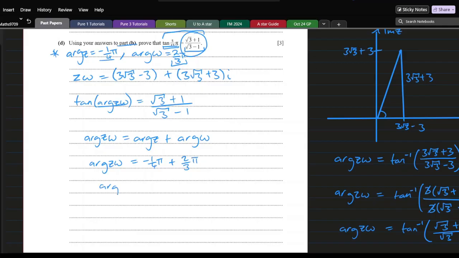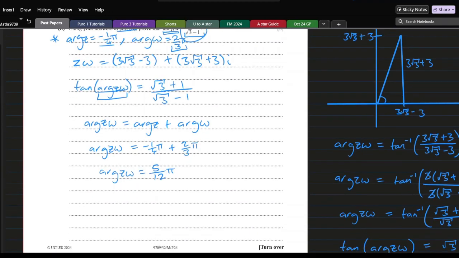So arg z omega is equal to, let's punch that into the calculator, that's negative 1 over 4 plus 2 over 3 pi, and that gives us 5 over 12 pi. So we can replace this arg z omega with 5 over 12 pi and conclude that therefore tan 5 over 12 pi is in fact equal to root 3 plus 1 over root 3 minus 1.